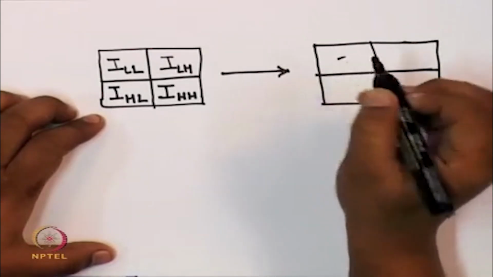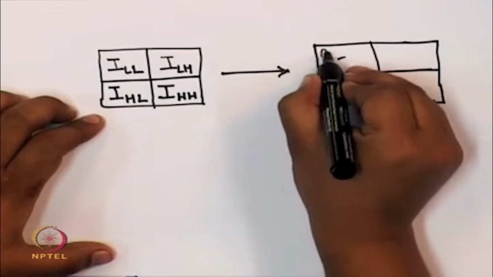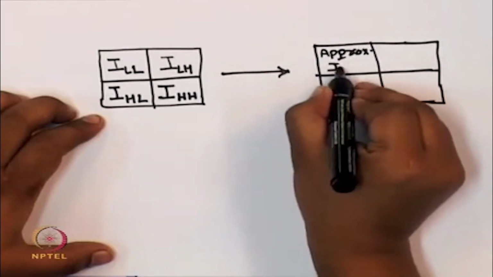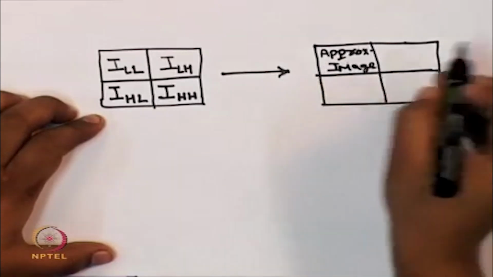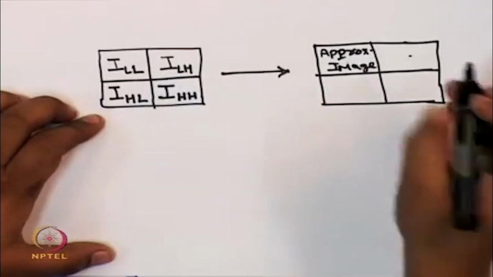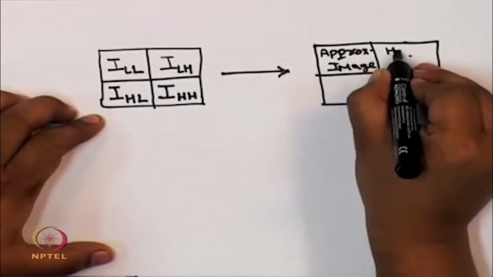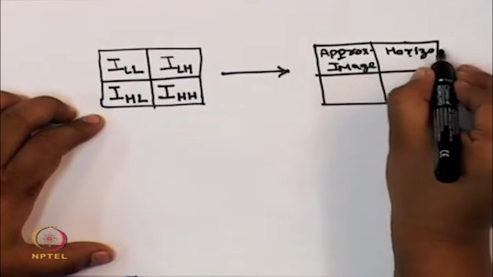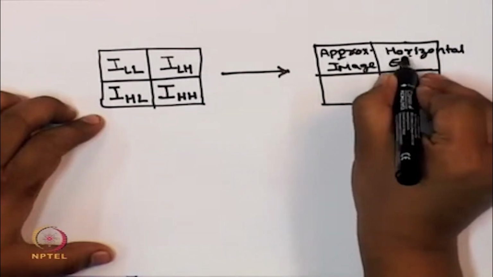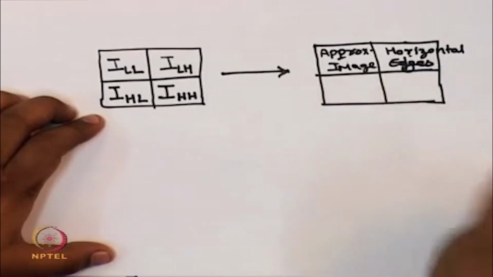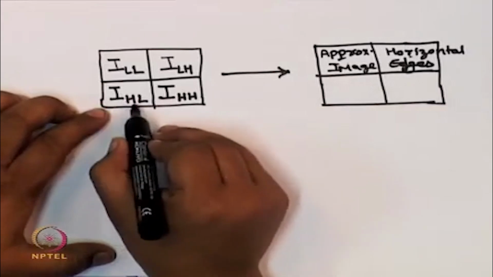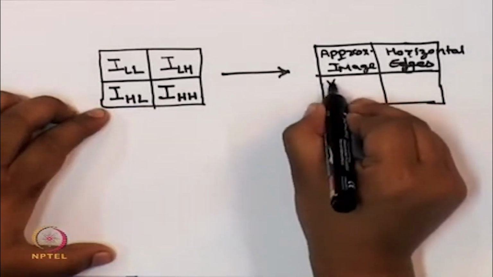In this subband of the image, we get an approximation version of the image, whereas in this part where we have output I_LH, we extract horizontal edges. In the subband where we have output I_HL, we extract vertical edges.